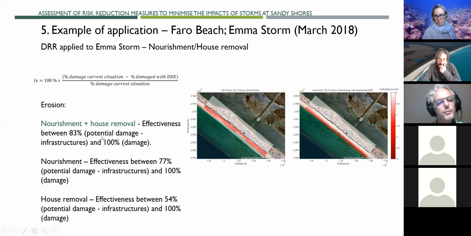Nevertheless, because we have some safety rule, let's say, there is some level of potential damage that still would exist, but as you can see, they would also be strongly reduced by the existence mostly of the nourishment, but also by the house removal. So we could assess the effectiveness of those coastal management measures at the area for a storm that really hit the area and that had consequences at the area.